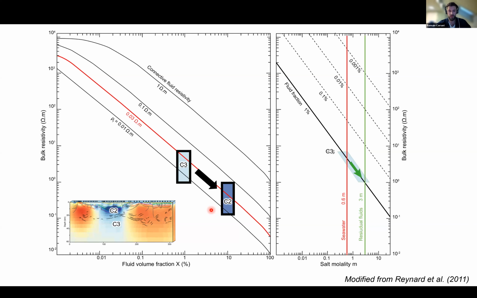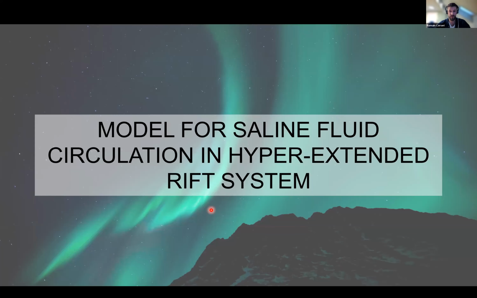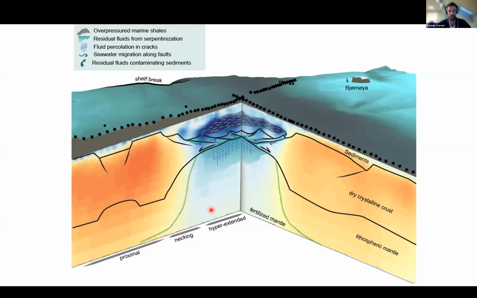That leads to the idea that I'm defending here, that magnetotelluric data can illustrate a model of saline fluid circulation in hyperextended rift systems. You can see here an illustration in a 3D view of what I've been talking about.